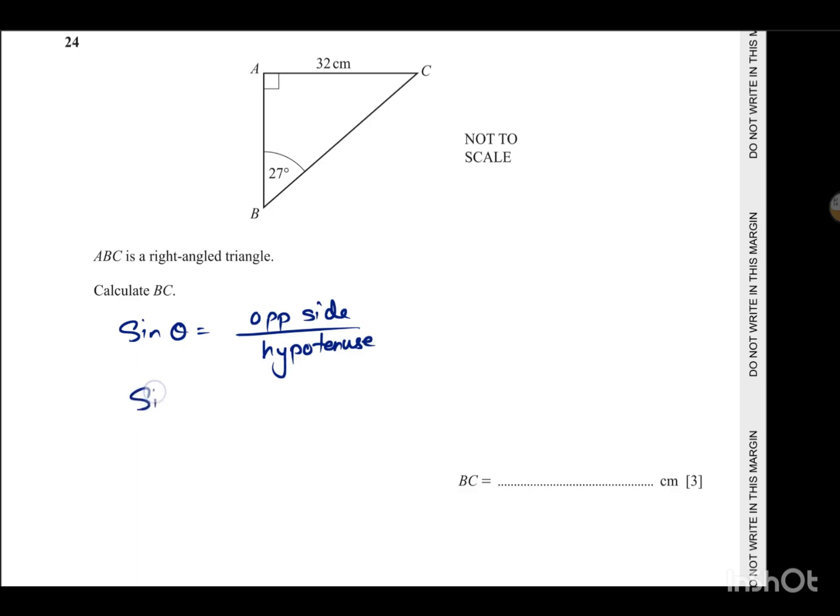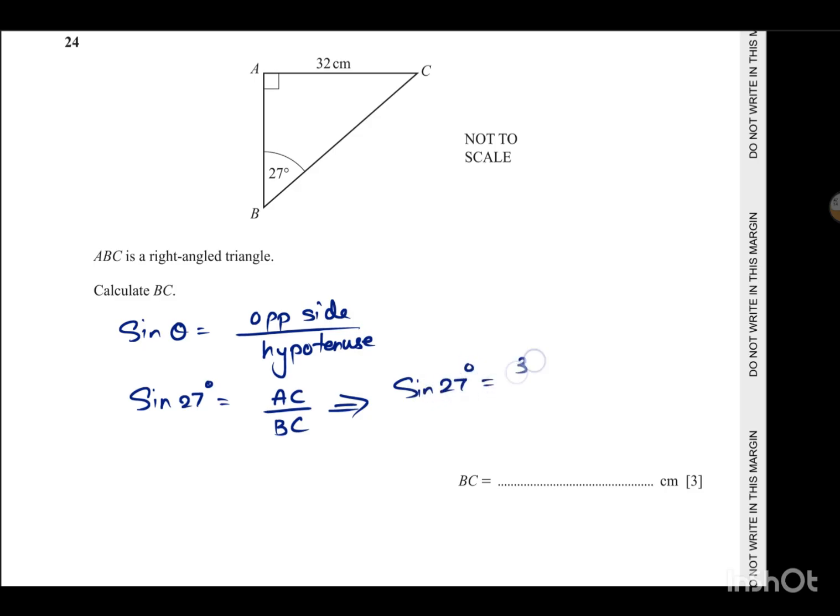So sine of angle 27 will be, opposite side is 32, that is side AC, by hypotenuse which is BC.